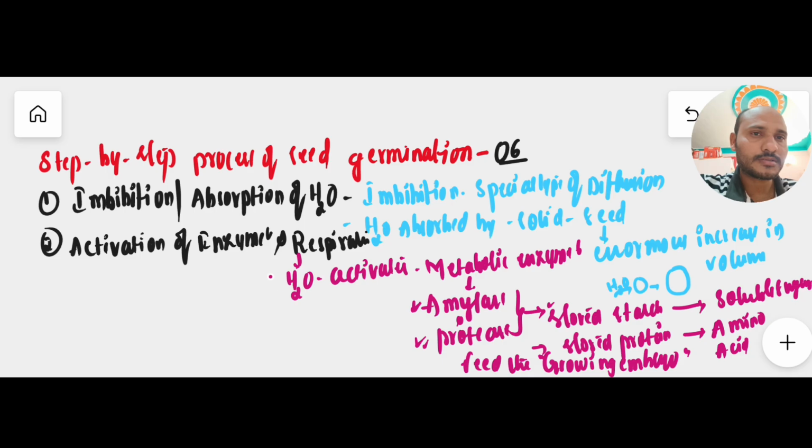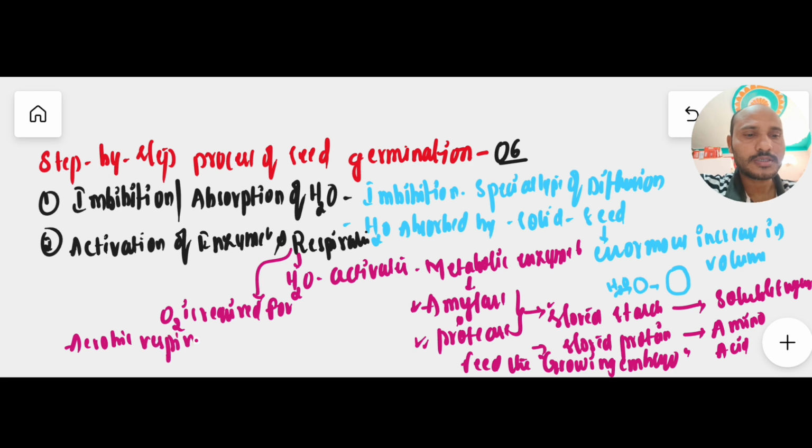After that, a process called respiration occurs, in which oxygen is essential. Oxygen is required for aerobic respiration to produce a large amount of energy in the form of ATP.